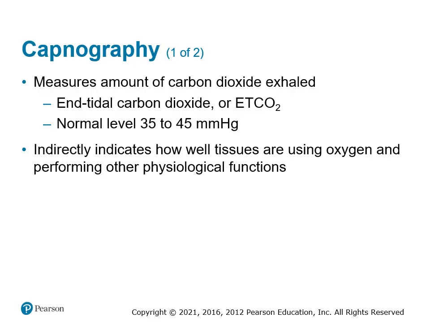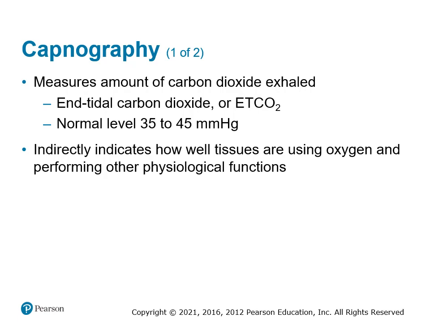Also, capnography is another thing that's commonly taken now. Capnography is the measurement of the amount of carbon dioxide that the patient exhales. A normal level is 35 to 45 millimeters of mercury. We abbreviate that as ETCO2.